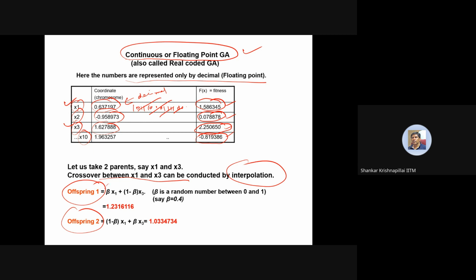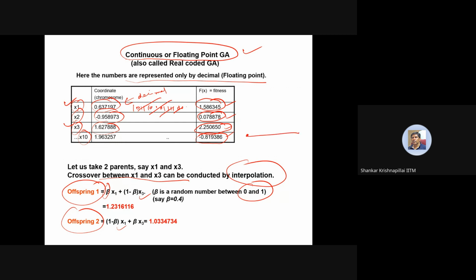You generate a random number beta between 0 and 1. Offspring 1 is obtained by beta times x1 plus (1 minus beta) times x3, and offspring 2 is obtained by (1 minus beta) times x1 plus beta times x3.